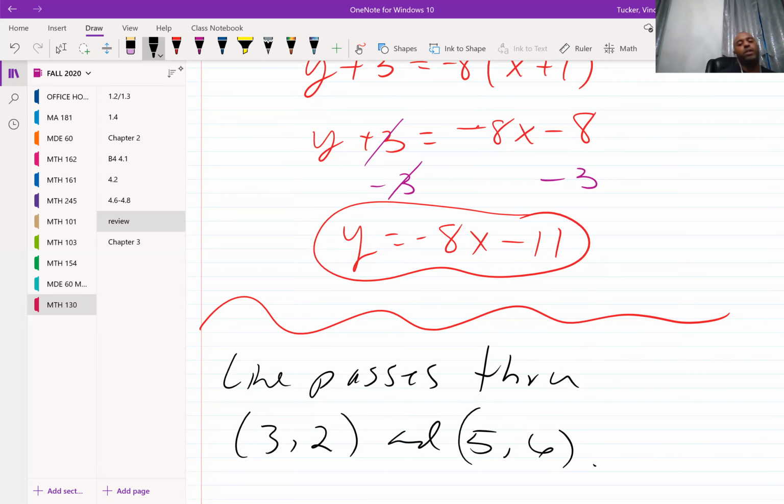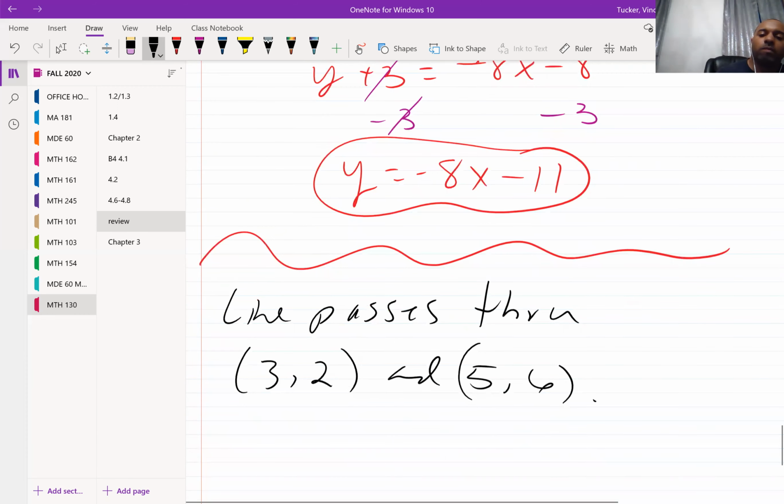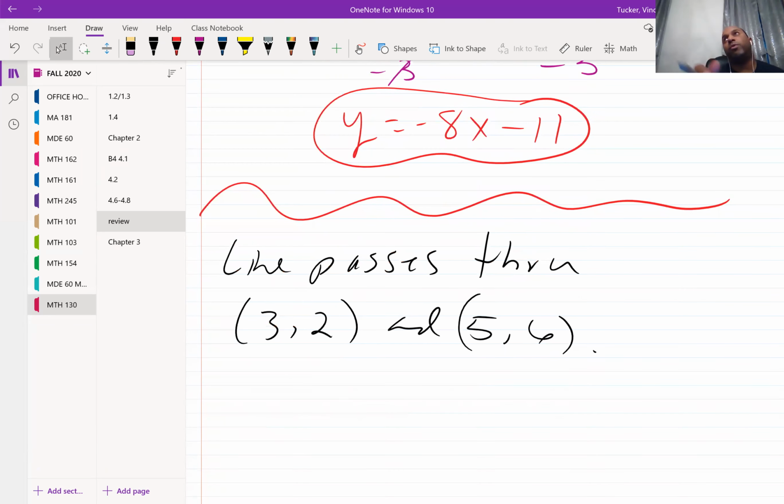If we want to find the equation of the line that passes through 3, 2, and 5, 6, notice that up to this point, when it comes to our formulas, we always had a slope.